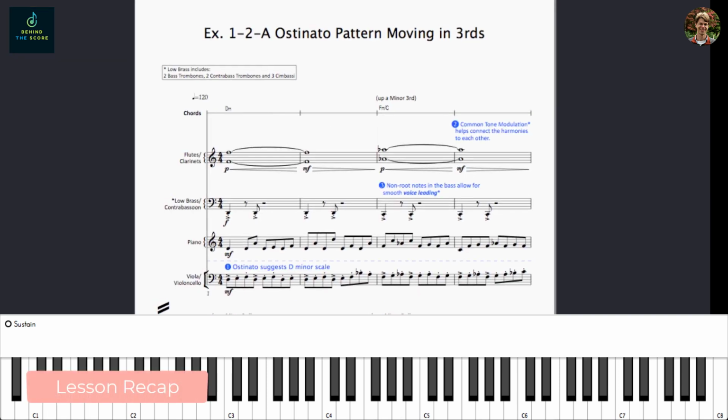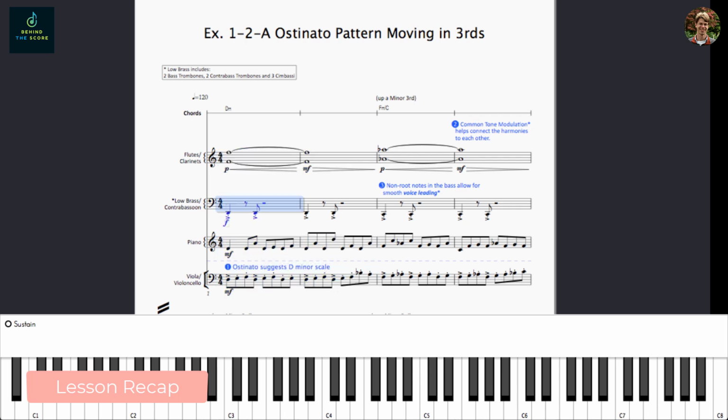So just to recap everything, we start with an ostinato pattern that uses the 3-3-2 rhythm once again, and we're in D minor. We have piano that helps support. We also have winds, upper woodwinds that lend that harmonic support, just playing sustained notes.